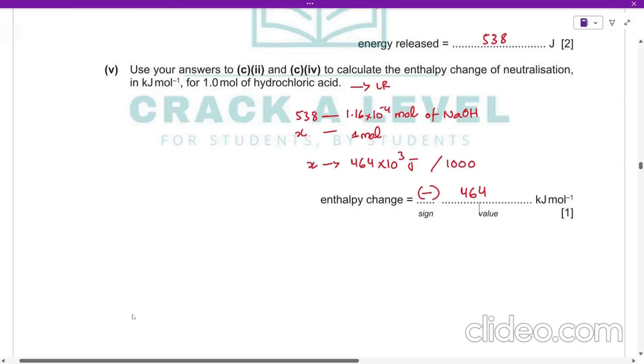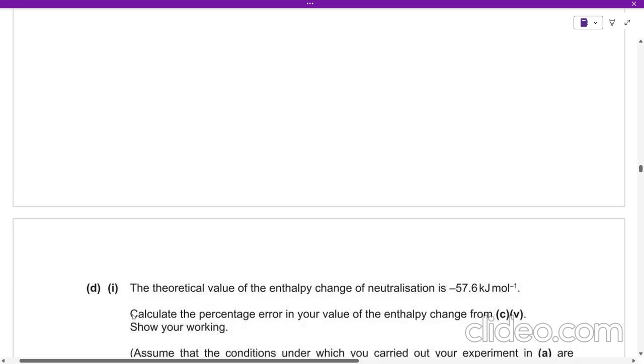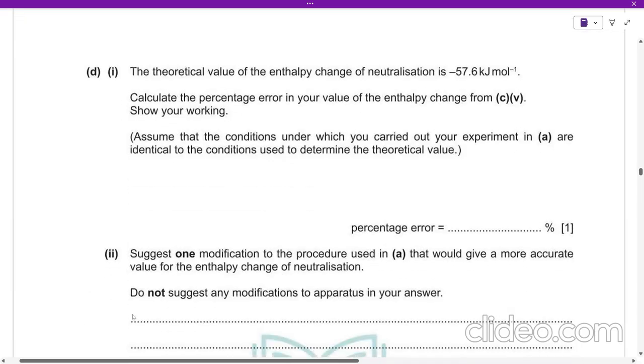Okay, so the theoretical value of enthalpy change of neutralization is 57.6 kilojoule. As we are using the assumption values, there will be more change when we are calculating the enthalpy change with the assumption values.